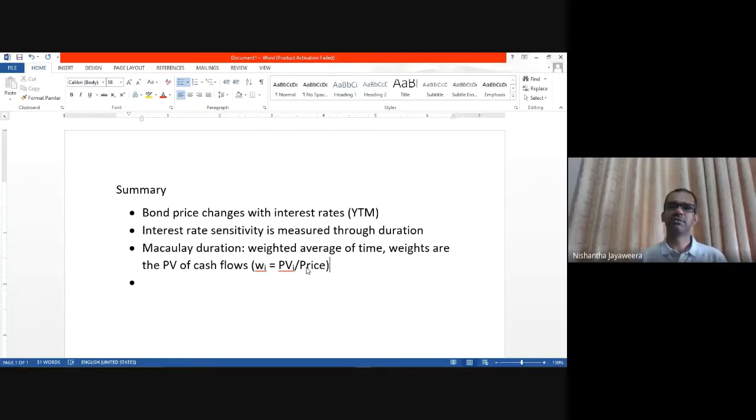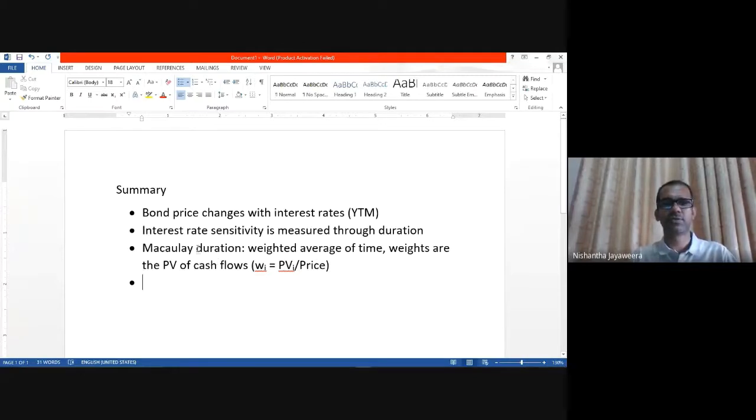That's the weight. So we multiply time by this weight and sum them together. We get the Macaulay duration. Remember, we may have to do the adjustment based on the coupon frequency.